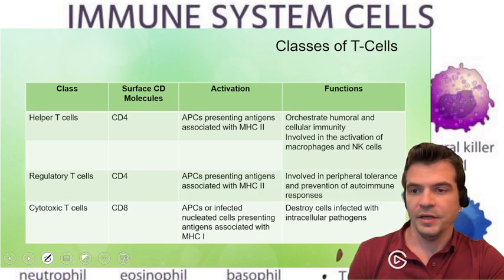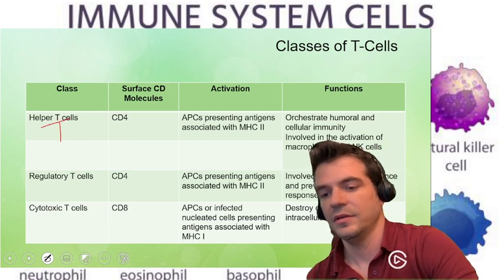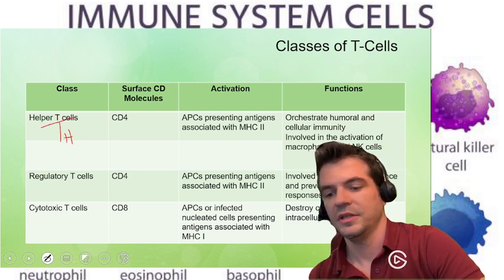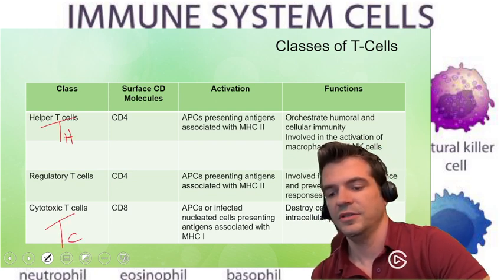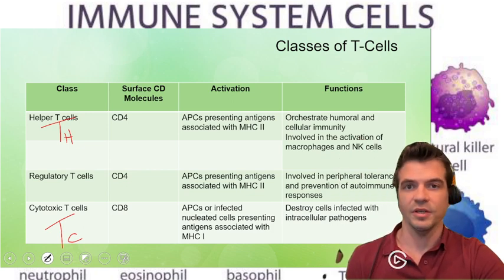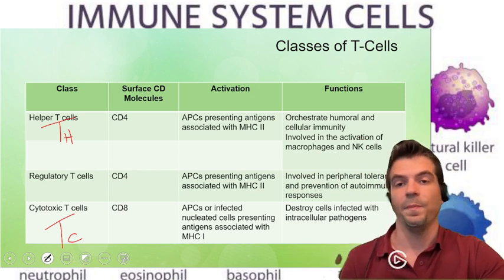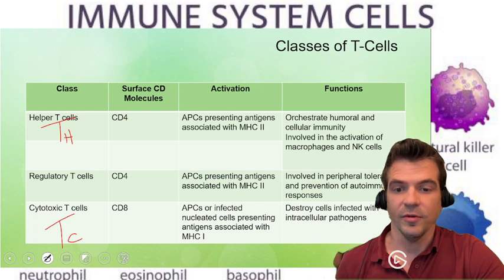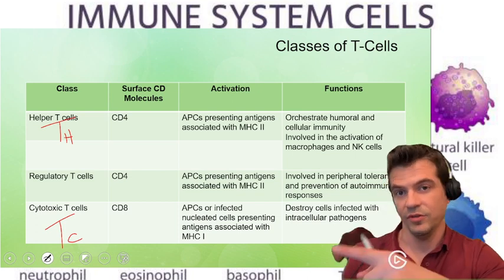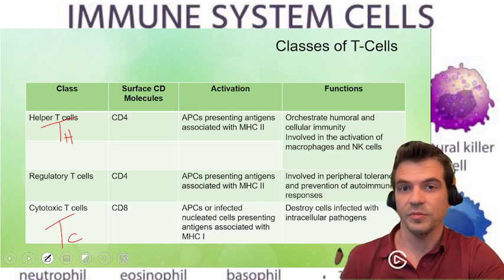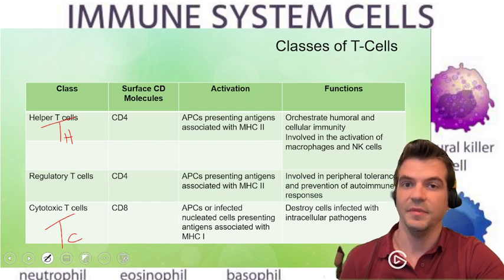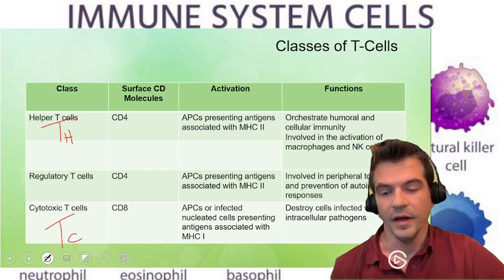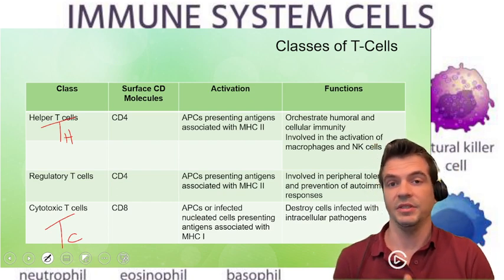And we already showed you helper T cells and cytotoxic T cells, based on our examples from our nucleated cells and our macrophages. Note we haven't talked about fluids or humoral immunity yet either. Those are our B cells that we saw.